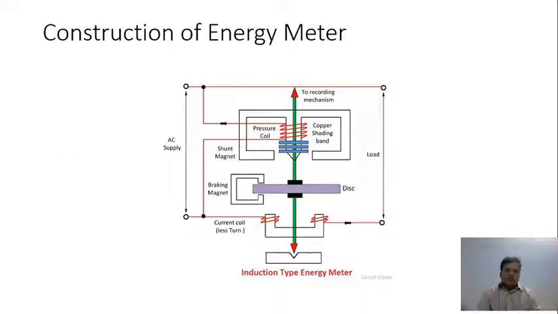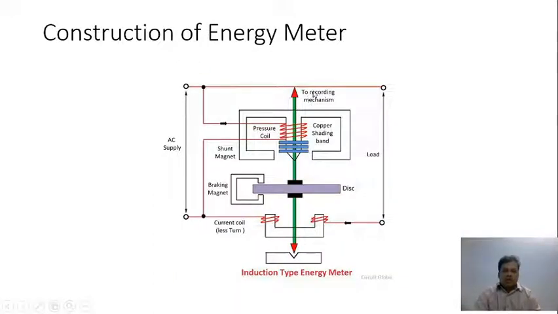Construction of energy meter. Let us see the construction of the energy meter. Induction type energy meter construction. Here the AC supply is given on the left side terminals, and there is a recording mechanism.